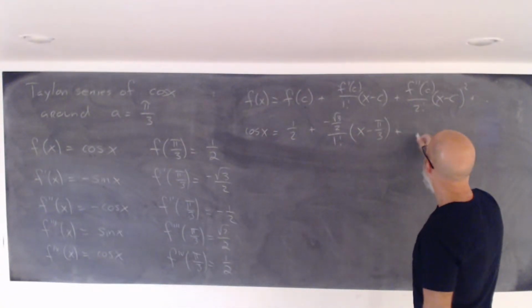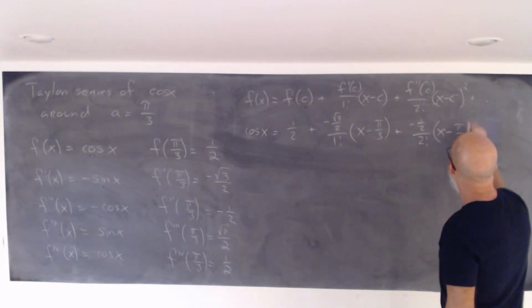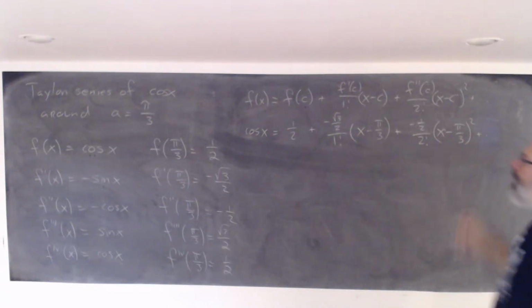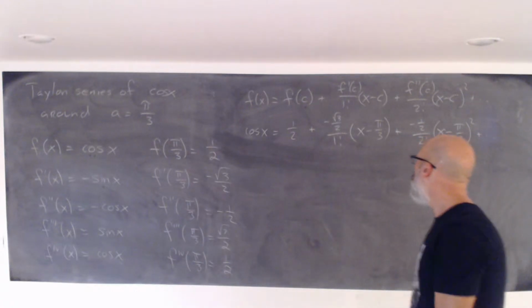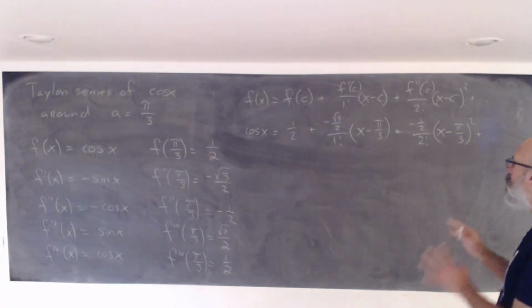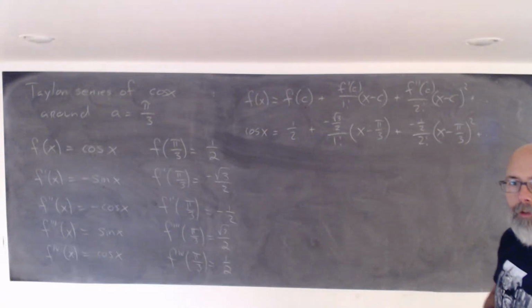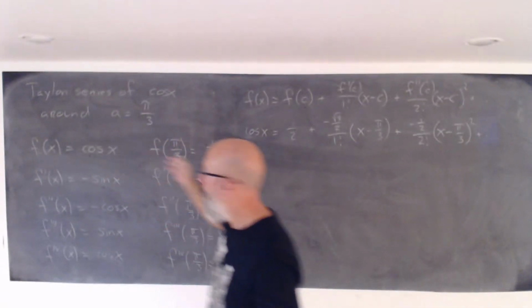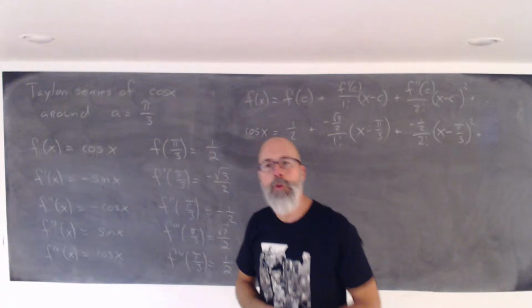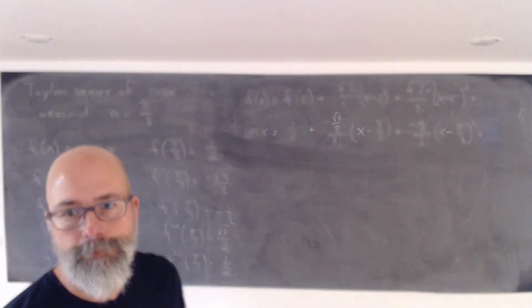Second derivative over 2 factorial x minus pi over 3 squared, and so on. There it is. Here it might be slightly awkward to find a pattern. So oftentimes these questions only ask for the first few non-zero terms. I suspect that's what it was asking for here.